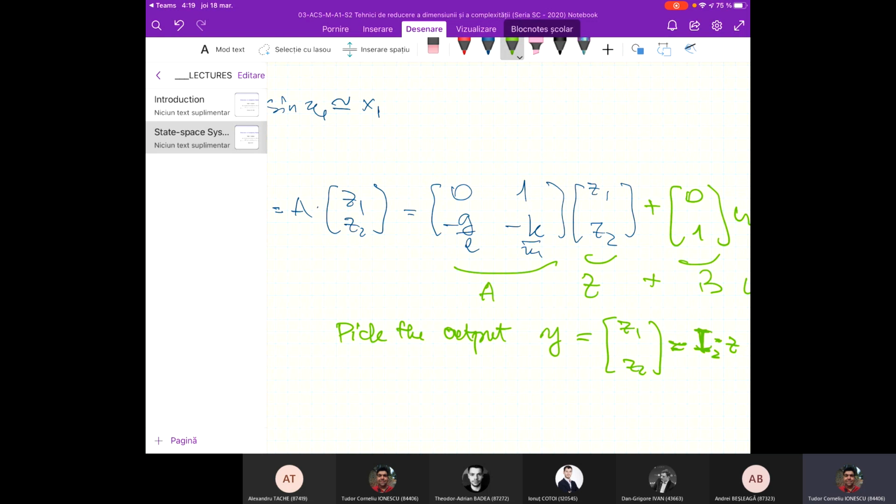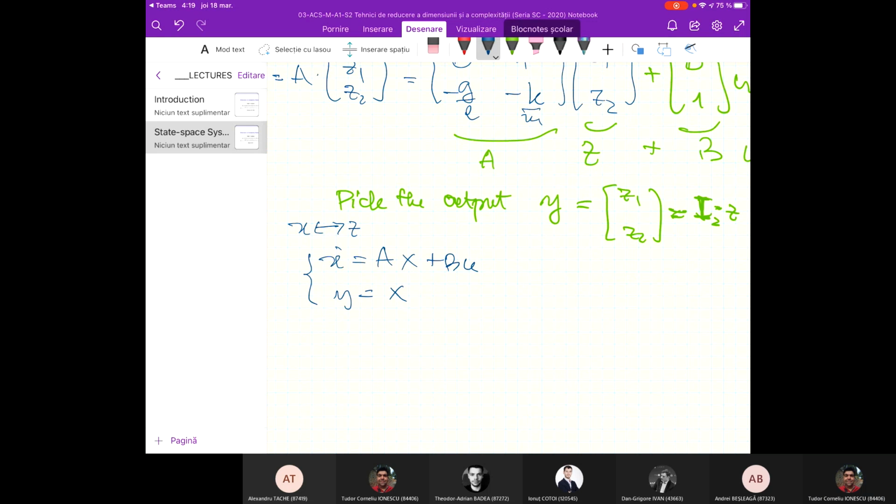So now you get the linear system, and we can go back to x, because we are used to it: x dot equals Ax plus Bu, and y is x. So C is the identity. So this system is defined by the matrices A, B, and the identity in this case.